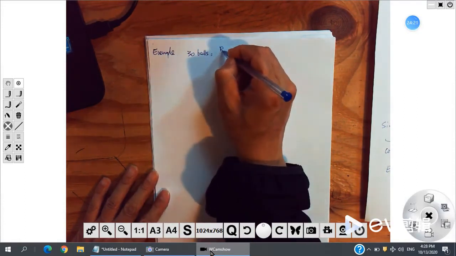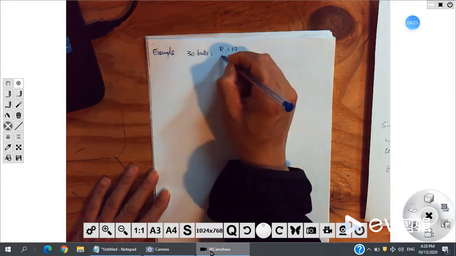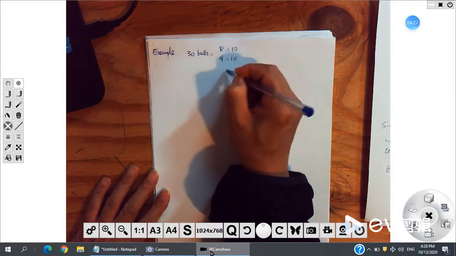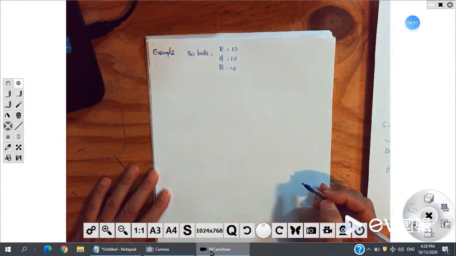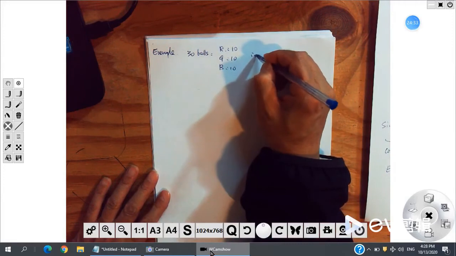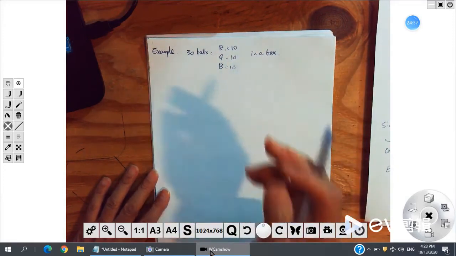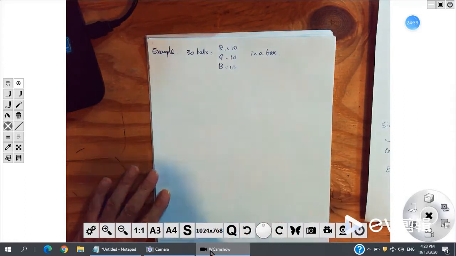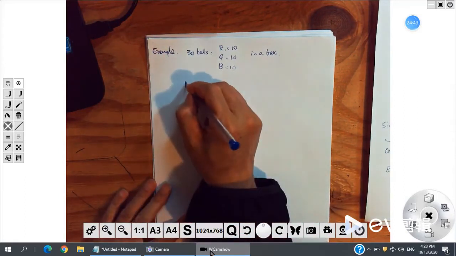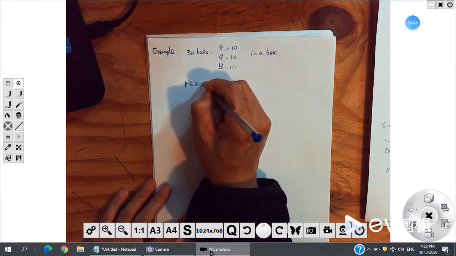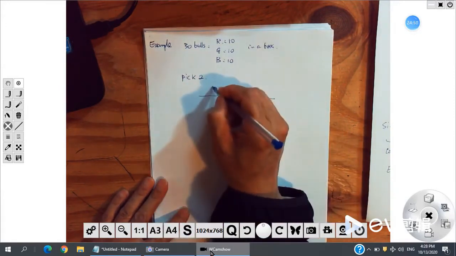We have red 10, green also 10, blue also 10. Now each color has 10 balls in a box. Then we pick one, then pick another one. Actually, we pick two balls. Then we have a kind of distribution.